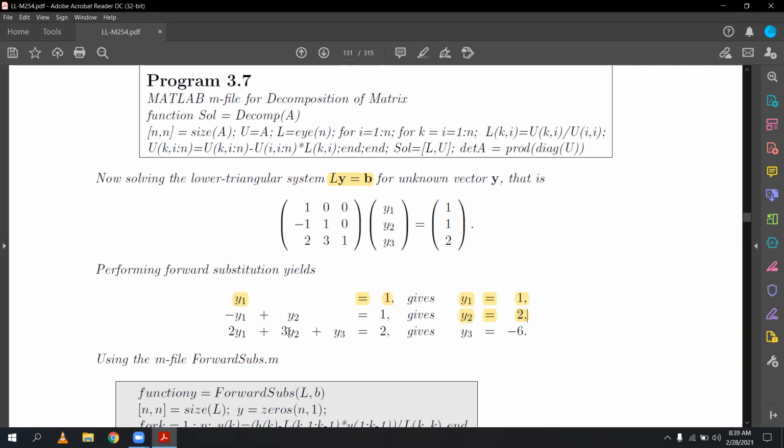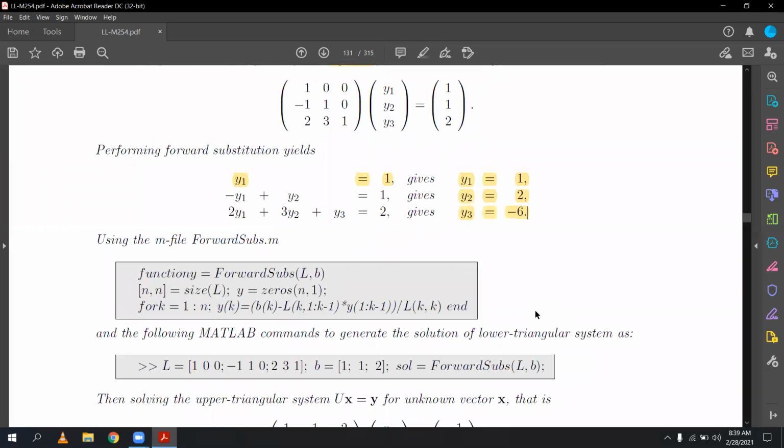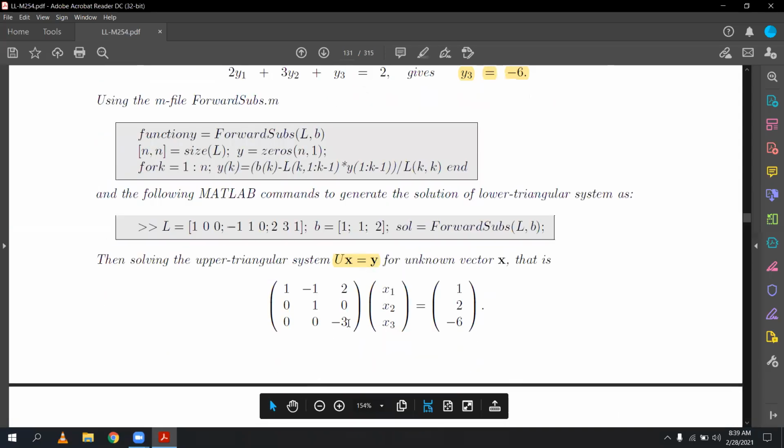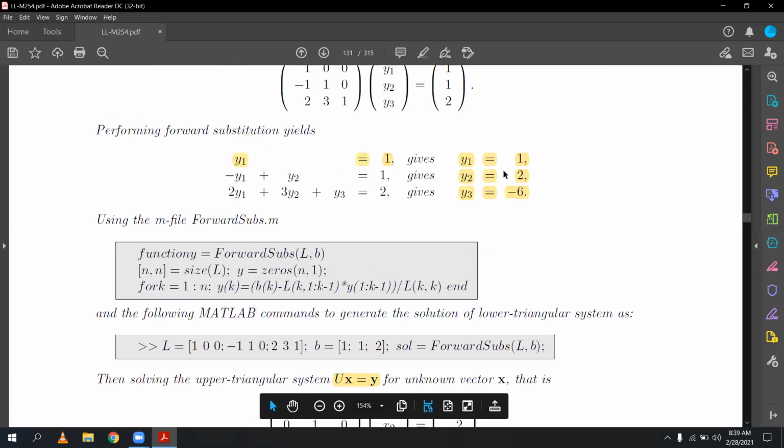Y1 is 1, Y2 is 2, so then you can simplify, and you have Y3 equal to -6. Then you use the last step, Ux is equal to Y. You already know this is your U, and Y you just found out is this one.